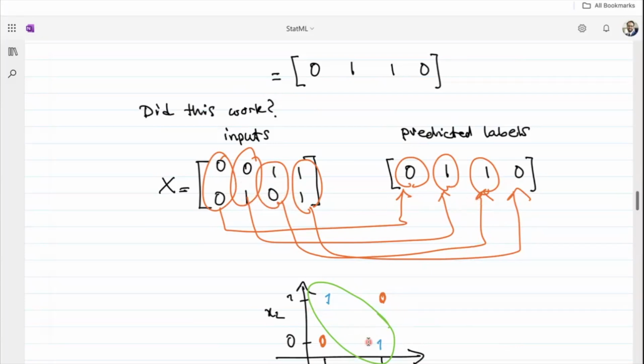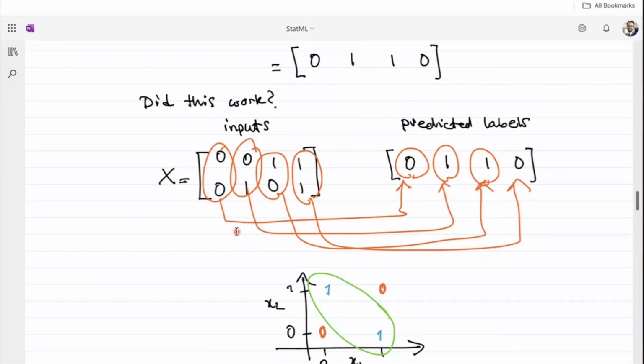So we found a classifier in this case that can correctly, with 100% accuracy, classify these 4 data points. So that's the power of neural networks. They are able to extract definitely more complex patterns than just linear models, like linear regression or logistic regression.